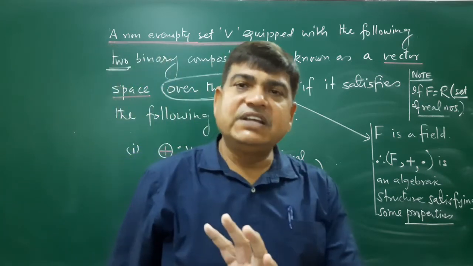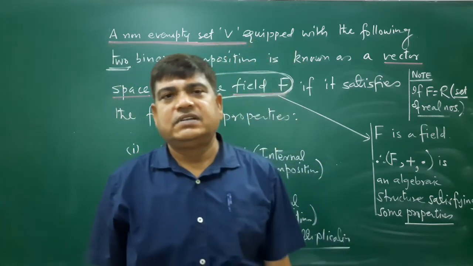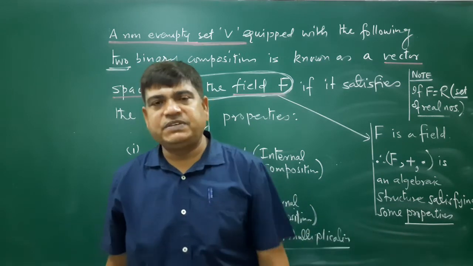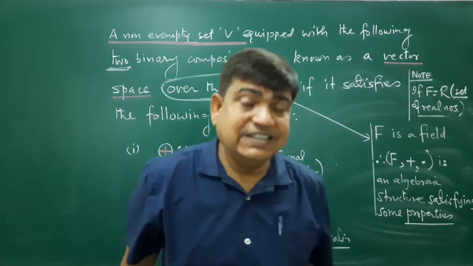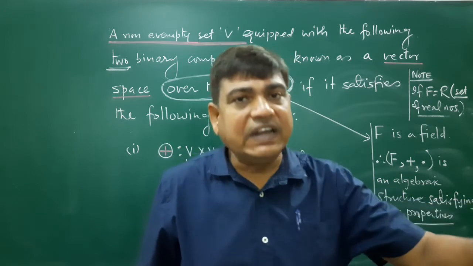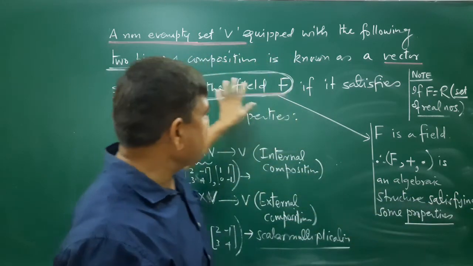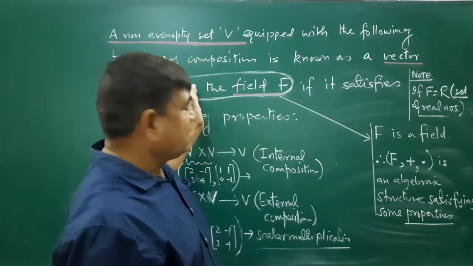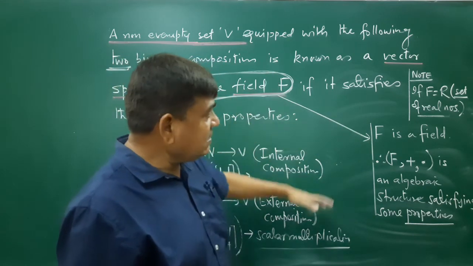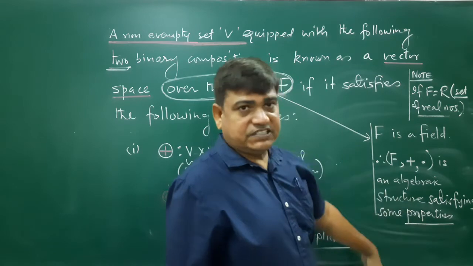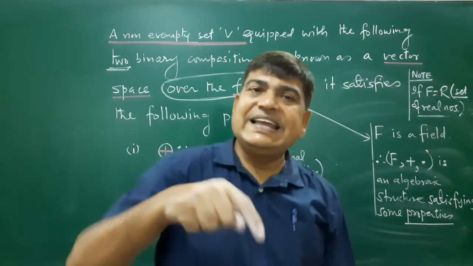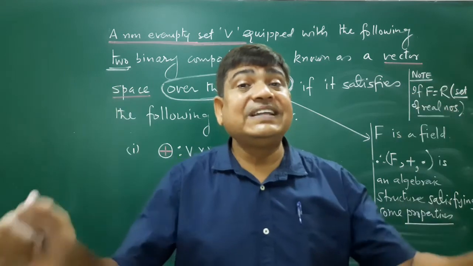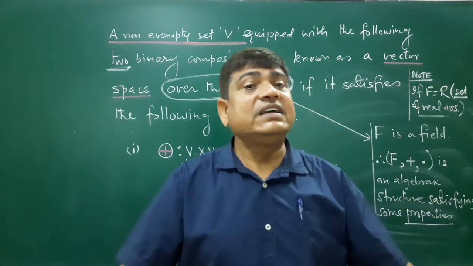इसके बिना काम नहीं चलेगा. If I simply say let V be a vector space, then it is understood there exists a field. Otherwise we cannot define this. If I say let F be a field, that means you have all the things. So if I say let V be a vector space, it is understood that the field is given.